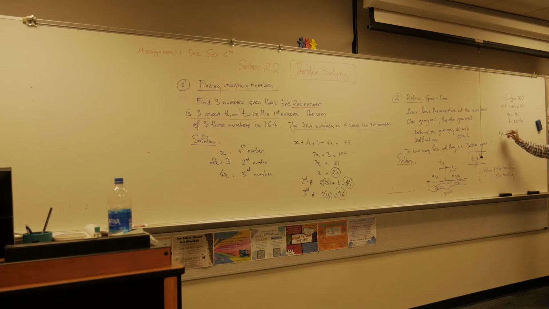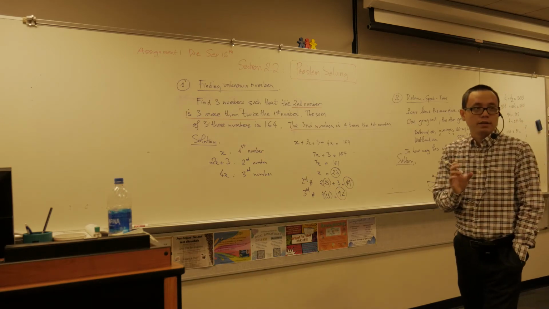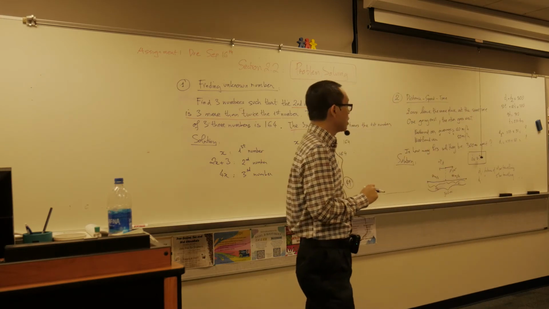Oh, that is D2, I'm sorry. And D1 is 3.33 times 40. When you multiply these numbers, it gives you the distance the first car traveled and the distance the second car traveled.